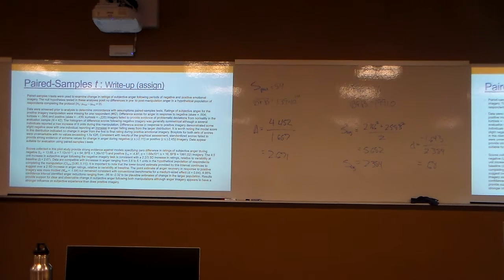Okay. Our write-up: go through and take a look. Again, this is just taking some of the things we've put together. Here, I've gone through and actually given actual p-values.